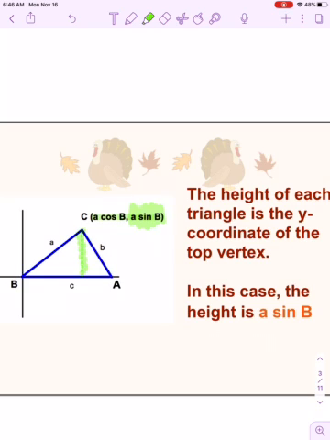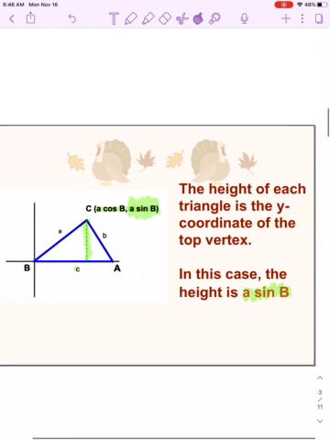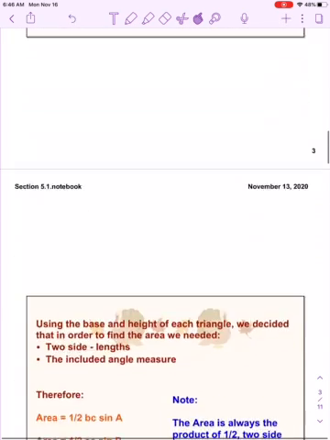So this height of your triangle is a times the sine of B, which is written right here. Okay, and then you need to know little a, and we need to know the base in this case, which would be little c. So that's where it's coming from, the rectangular coordinates, and the y value of that rectangular coordinate is a times sine B.